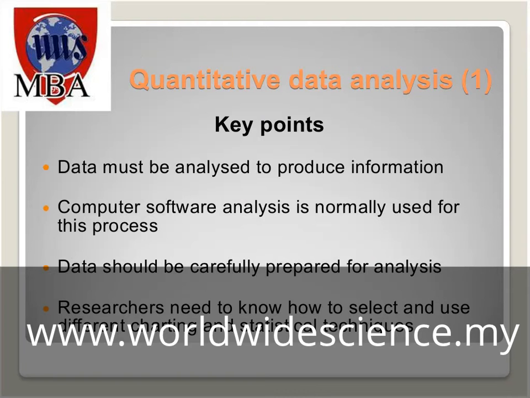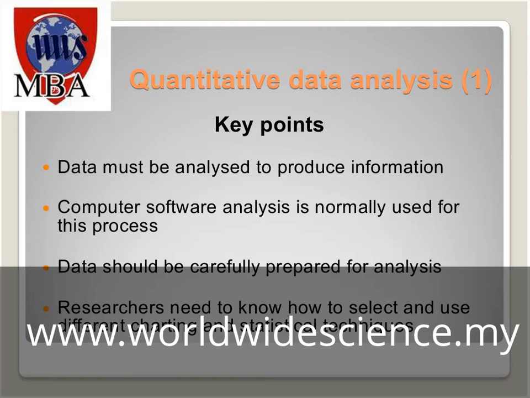As I mentioned to you in the last session and all the previous sessions, we have two methods of research, quantitative and qualitative. Okay. So about data analysis, again, we have quantitative data analysis and qualitative data analysis. For quantitative data analysis, the key point is data must be analyzed to produce information.